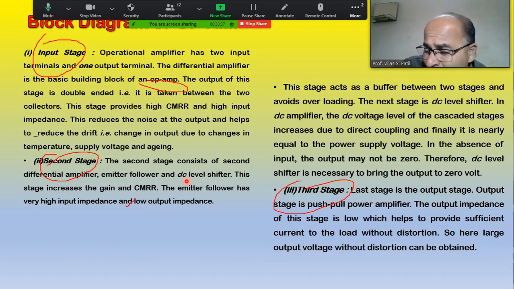Second is the emitter follower circuit. Emitter follower circuit is the amplifier. And third one is the DC level shifter.